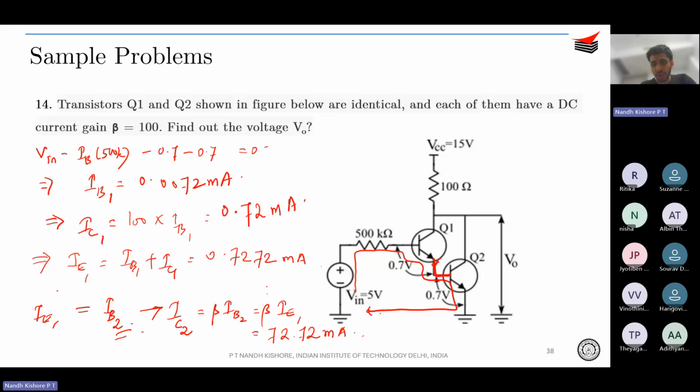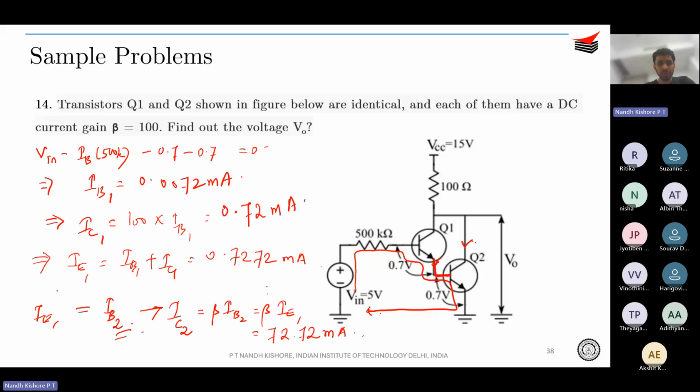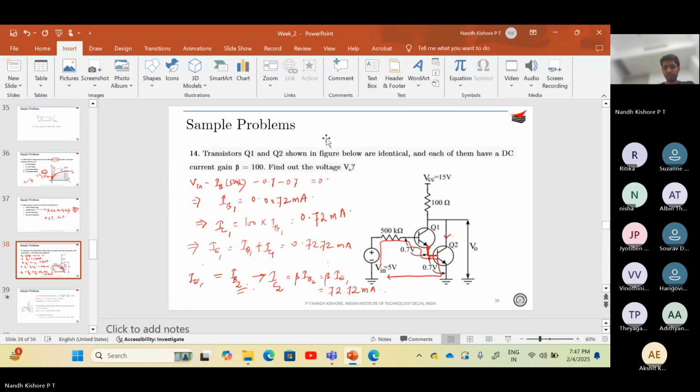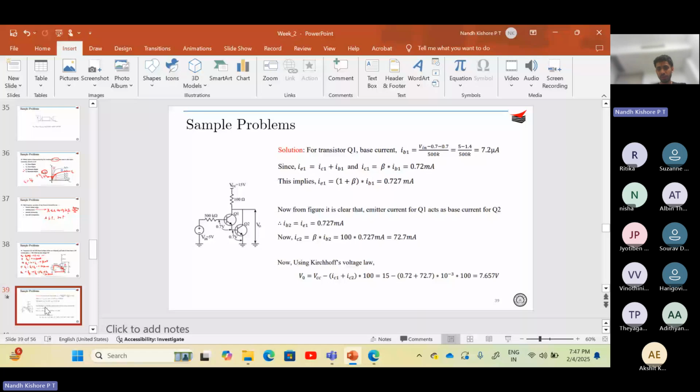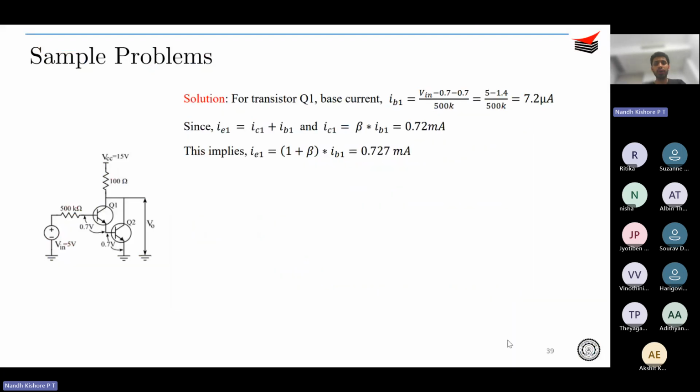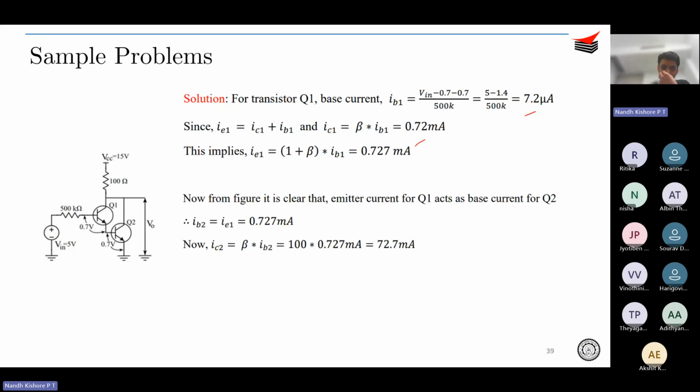So you know what is IC2. From that you can find out what is V naught, right? I'll just go to solutions because we are short of time. So we found out what is IB1, then we found out what is IE1. We know that IE1 acts as base current for Q2.